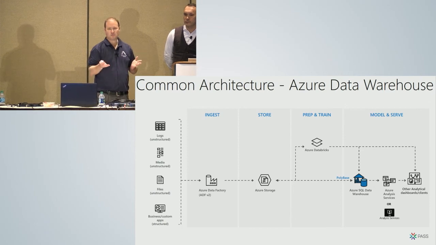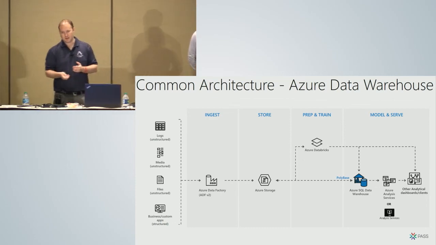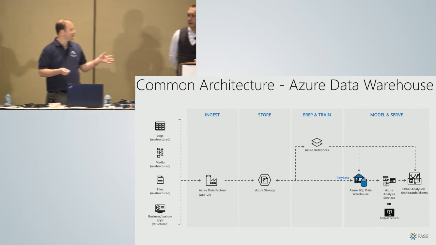Another typical pattern is that not everybody necessarily has everything in Power BI, so this architecture certainly works with other dashboards and client tools. So Alexei, do you want to talk a little bit more about it?